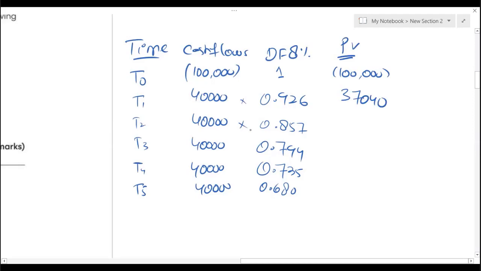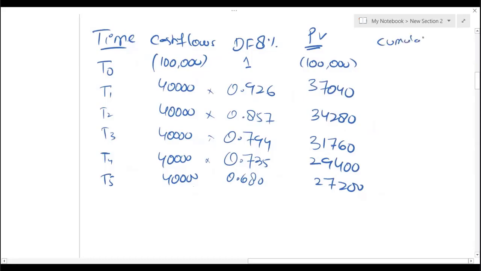Then 40,000 into 0.857, I'm getting 34,280. 40,000 into 0.794, 31,760. 40,000 into 0.735, 29,400. 40,000 into 0.680, 27,200.